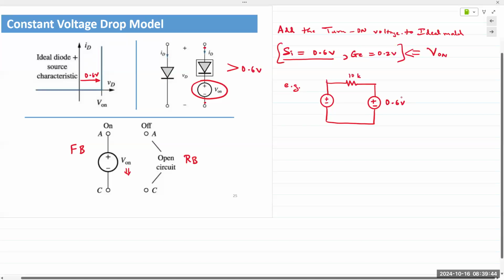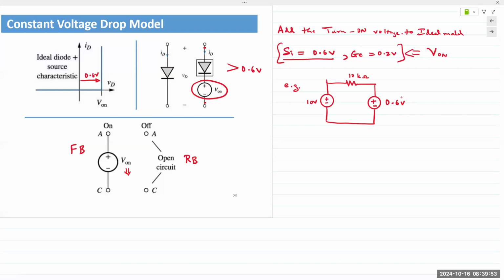This was 10K, 10 volts. Everything else remains the same. The assumptions and the steps that we did: make an assumption at the beginning, the diode is on, diode is off, calculate ID, calculate VD, everything else stays the same. The only difference is in forward bias, for the constant voltage drop model, we add in a voltage source of value V on.